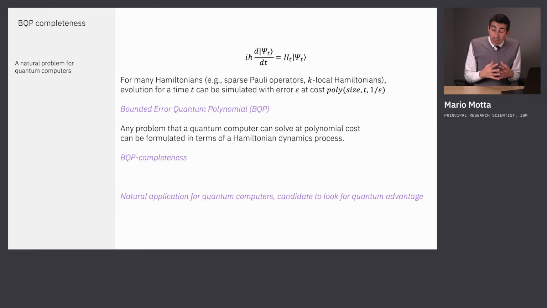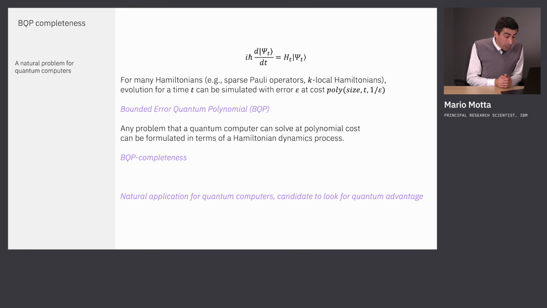This statement that essentially one can achieve a controllable error with polynomial resources is more formally understood as the BQP complexity class, bounded error quantum polynomial. The simulation of time evolution is in the BQP complexity class, making it a very compelling problem for quantum computers.